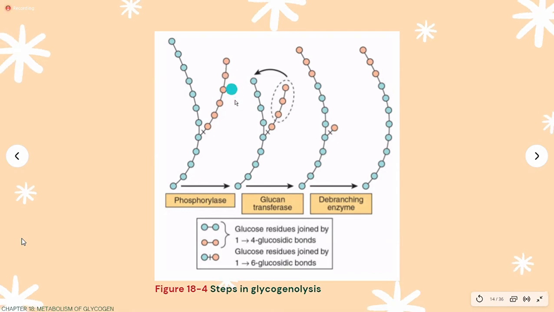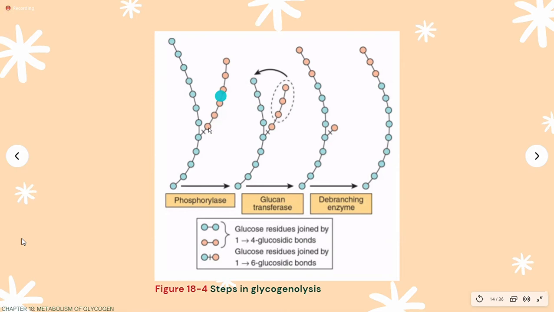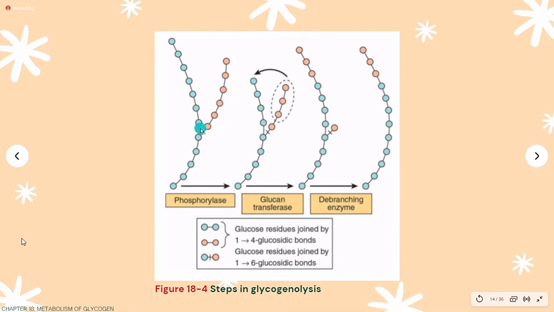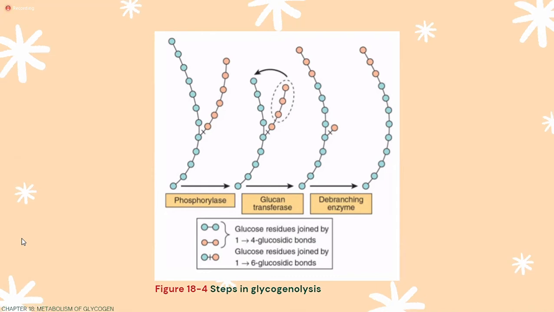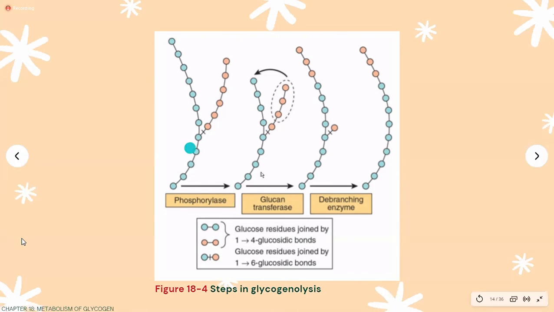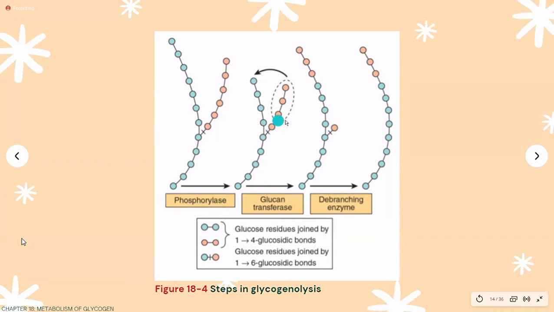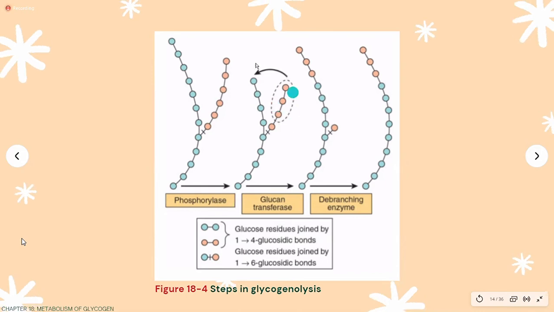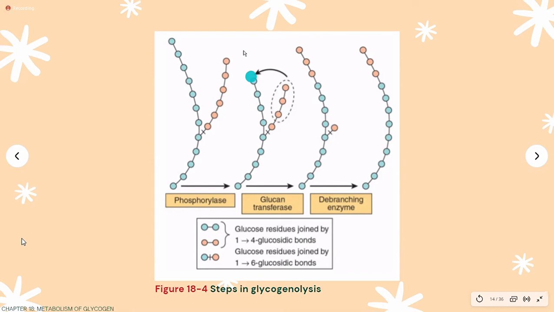Now, when you have 1, 2, 3, 4 glucose units left from a branch point, another enzyme comes around and removes the 3 units and transfers them to the adjacent chain.